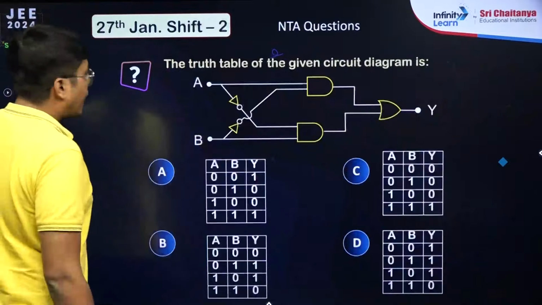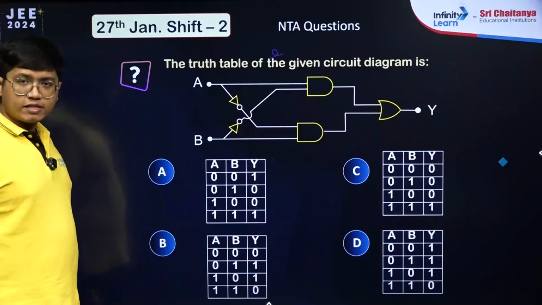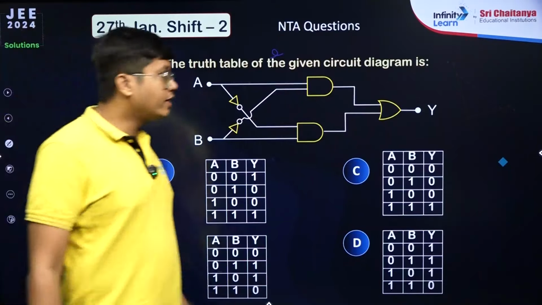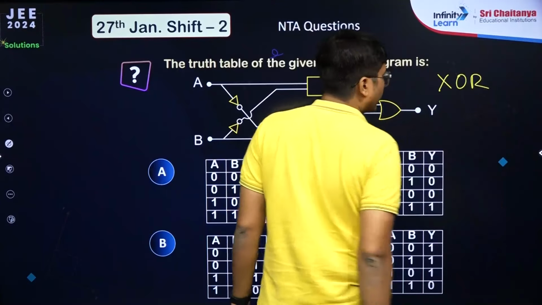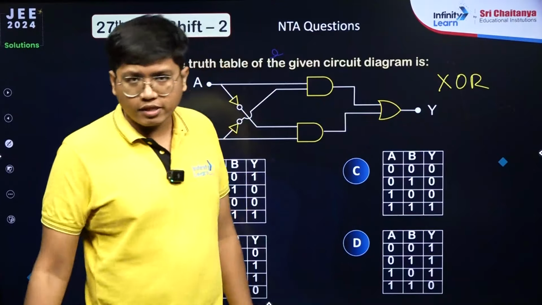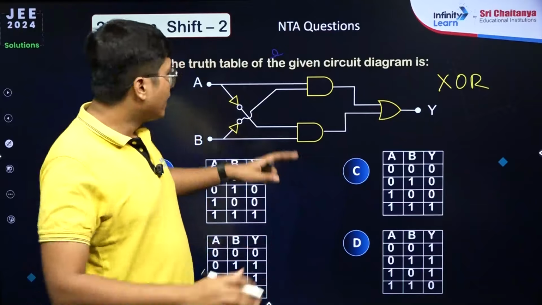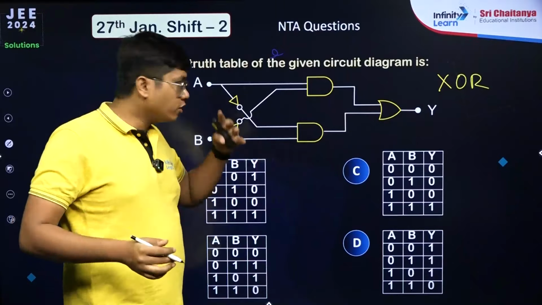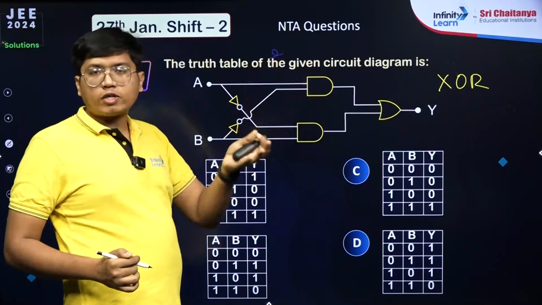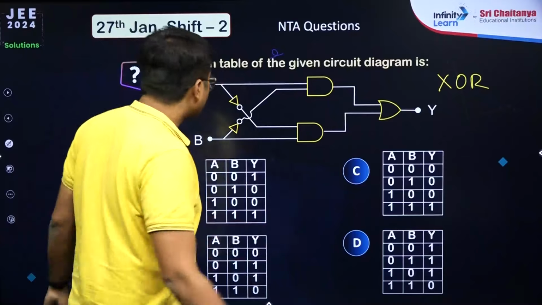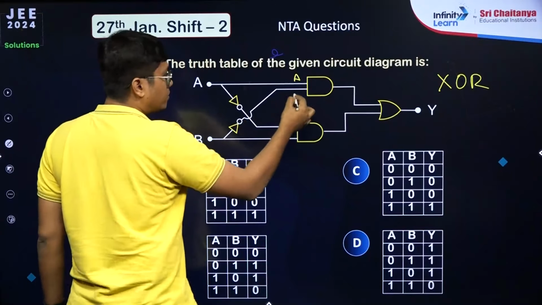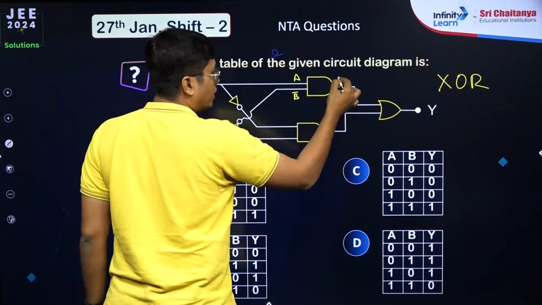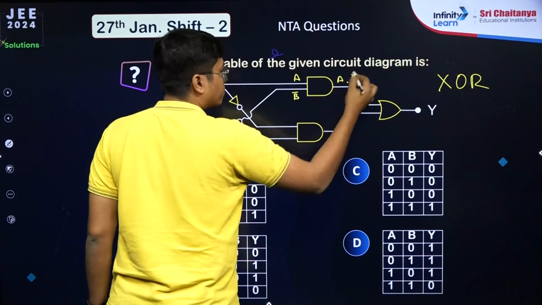Next up, we have the truth table of the following given circuit. Now some students might be able to identify that directly as the XOR circuit, the exclusive OR circuit. If you don't want to go by that method, you can even write out its Boolean relation. Over here an A comes in and a B not comes in, so what comes out is A B bar.